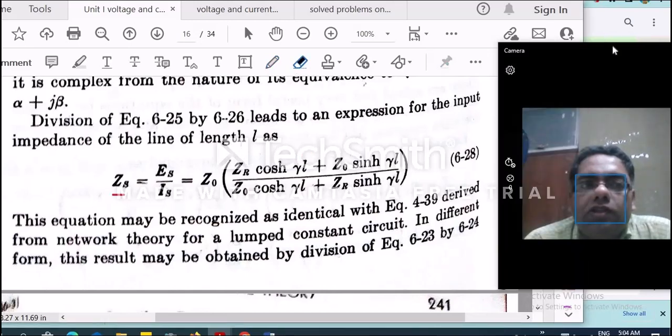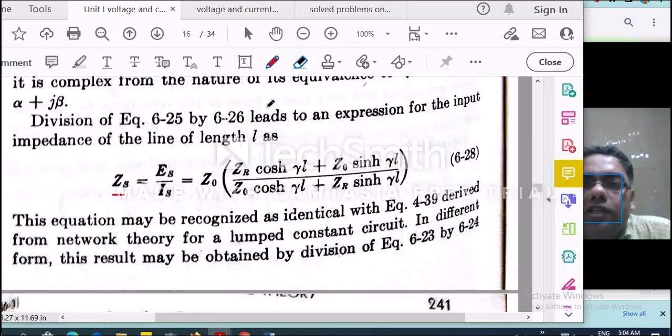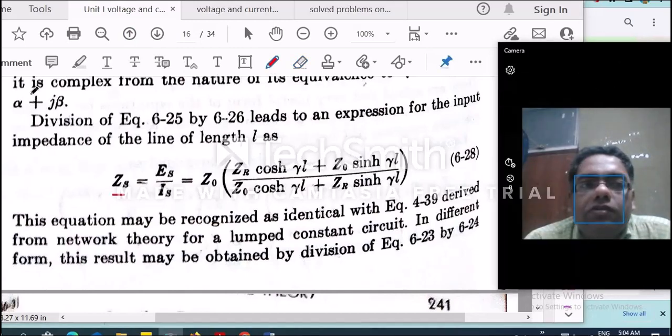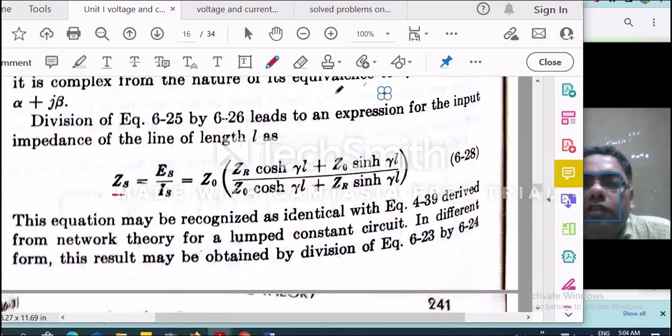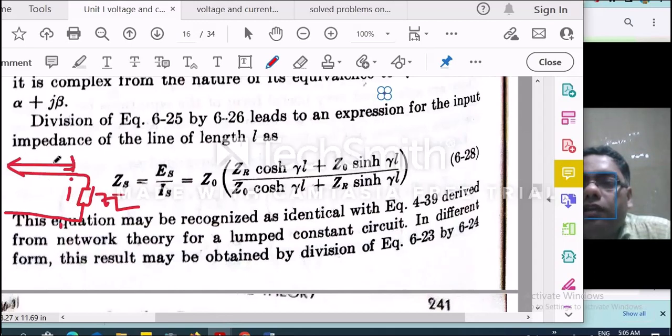If I consider the total length of the line as L, with load ZL, then at a distance L the input impedance becomes the impedance at the source end.